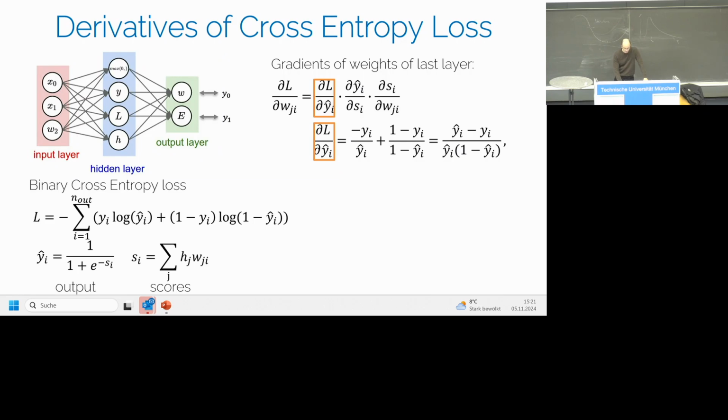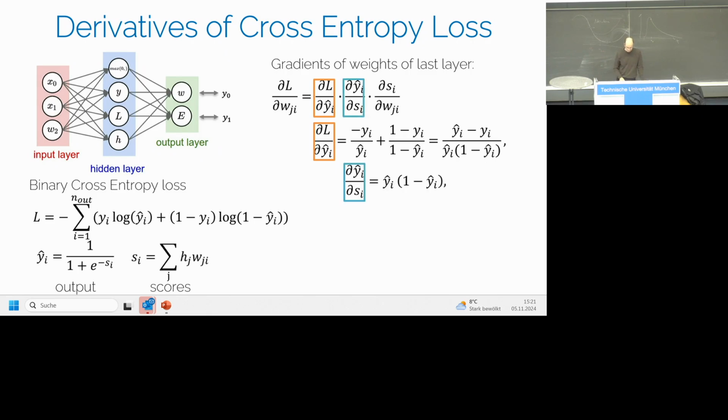It looks a little bit complicated, but it's very standard derivative computations. How do you evaluate the derivative of the logarithm with respect to y hat? And this is typically 1 over y hat. So this is what gives you this term and that term, and you can basically put them together. You get this expression.